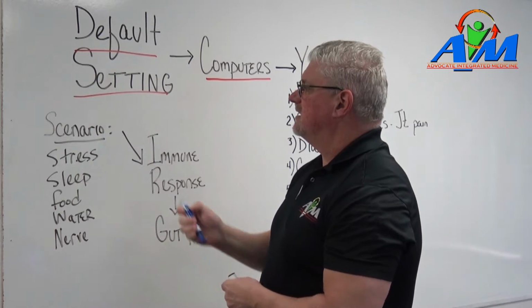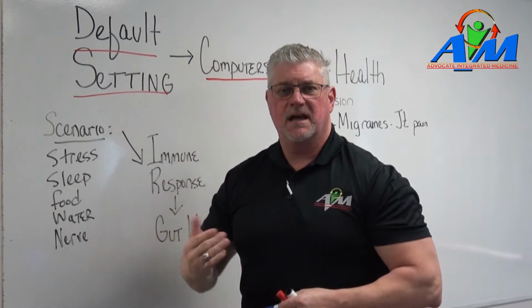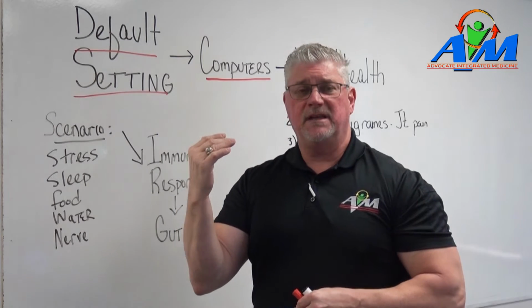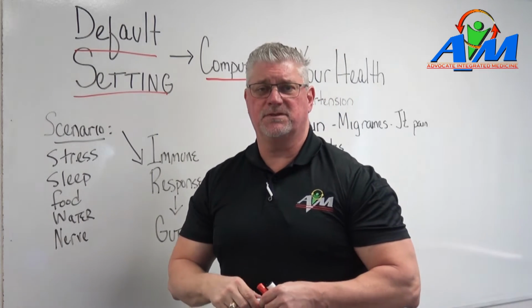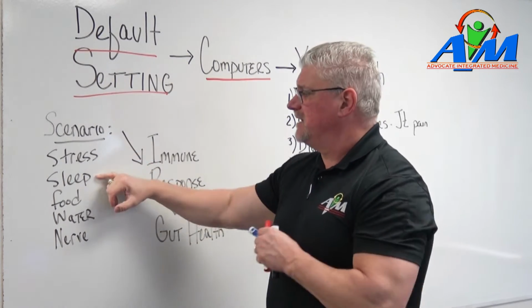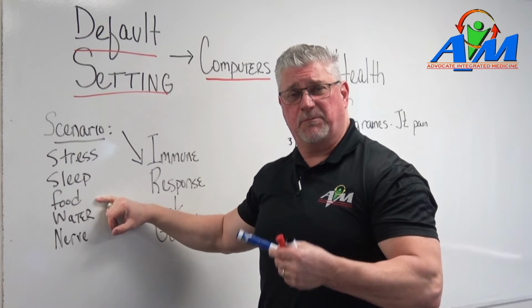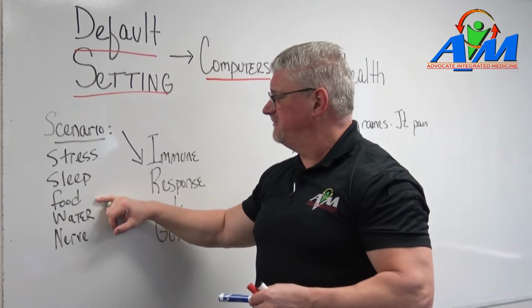If we have a scenario, let's start with that. The scenario is high stress. It can be anything from relationship issues, career issues, financial issues. If you're high stress, you're not sleeping, your food is bad, meaning a lot of processed, high sugar foods.